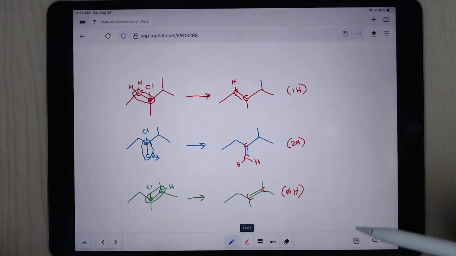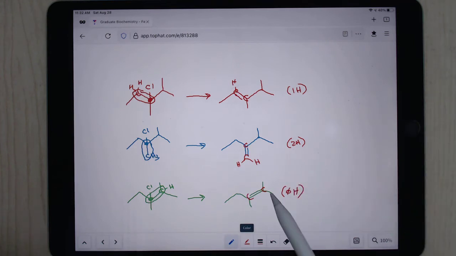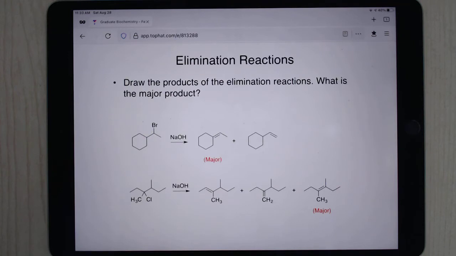Okay, so we're looking for the fewest hydrogens, the most substitutions. In this case, it's this green one here, so this will be the major product. So there we go.